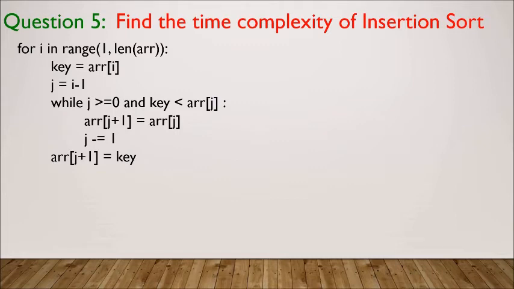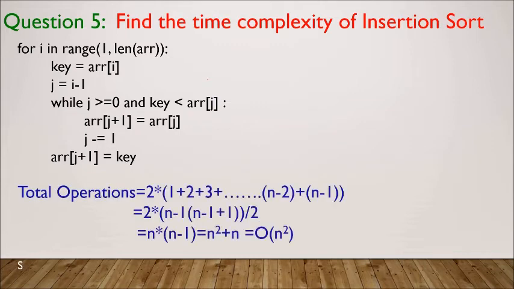In this way, when we calculate the total swaps and total comparisons, it will come out to be 2 into (1 plus 2 plus 3 plus up to n minus 2 plus n minus 1), for comparisons as well as swaps. So this is the series 1 plus 2 plus 3, and the sum of this series will be n into n minus 1 upon 2.